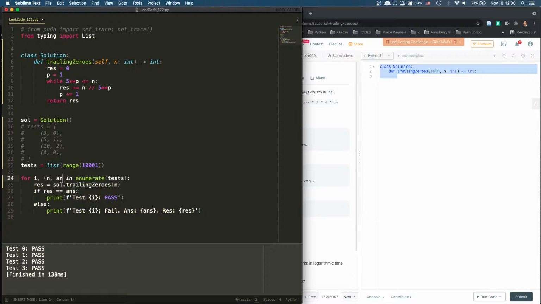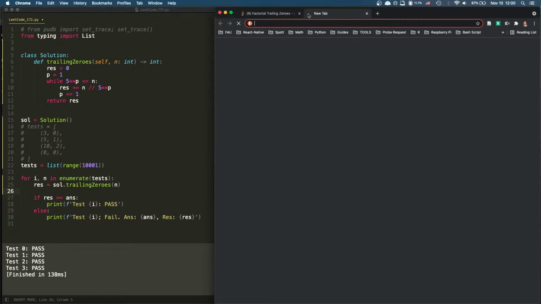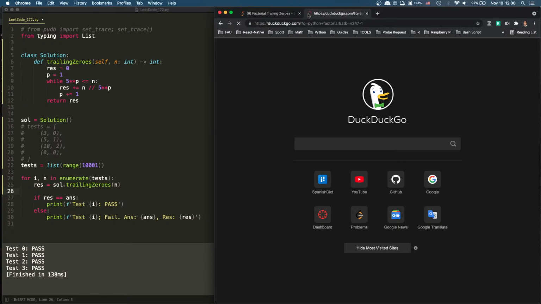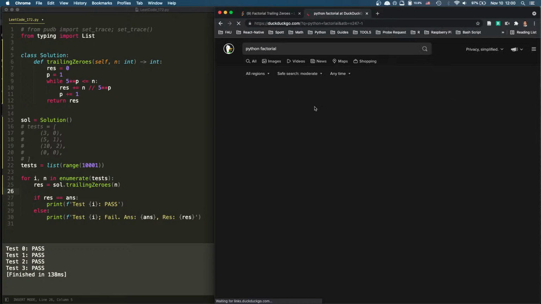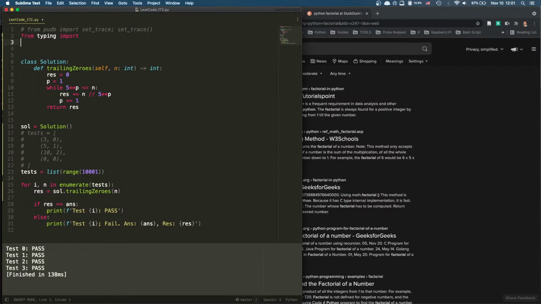How do we get the answer? Well, the answer is just going to be the factorial. Python factorial, I think it's in the math module. Math factorial. Okay, so we just say import math.